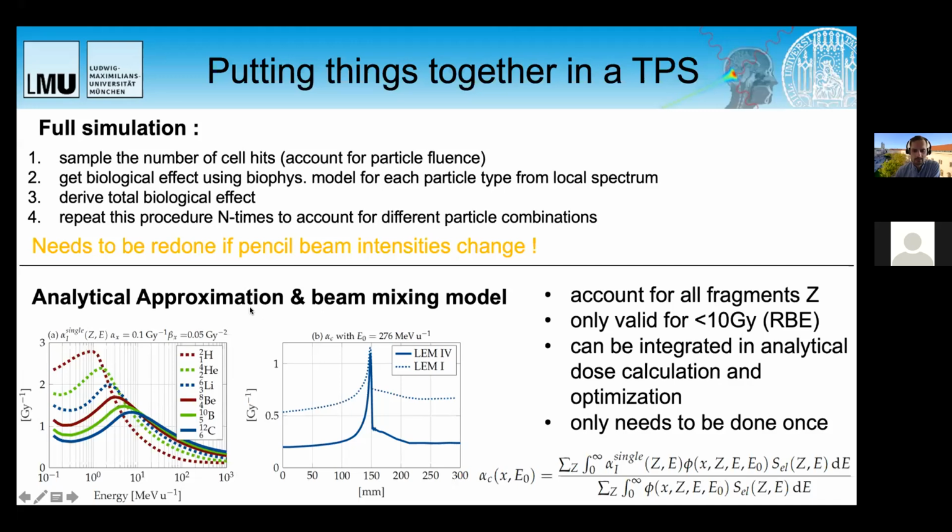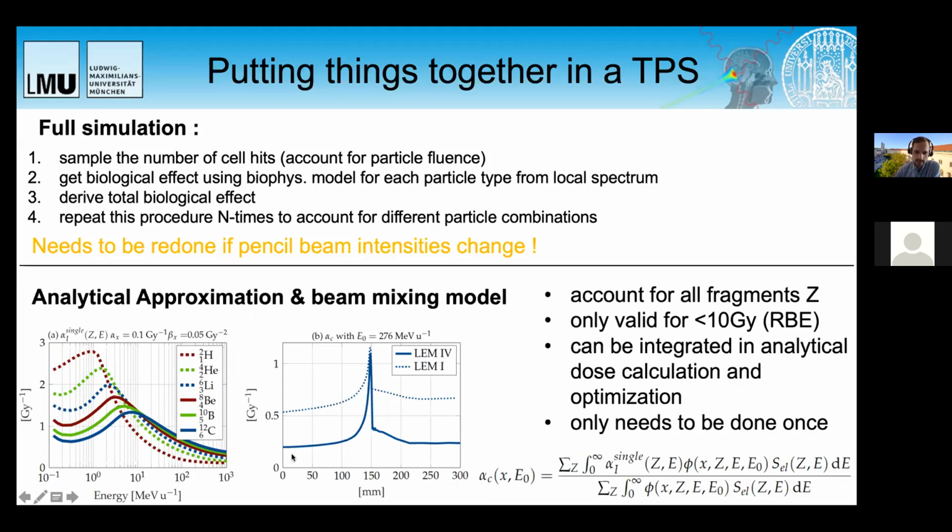carbon energy that you have available in your treatment planning system, from 50 to 400 MeV, you have to run a Monte Carlo simulation to score the total dose distribution, the fluence, the energy spectra, and then you can compute a biological base data set.